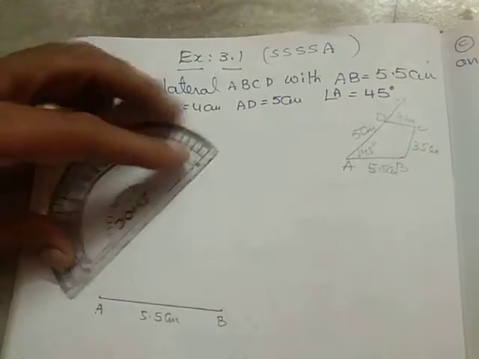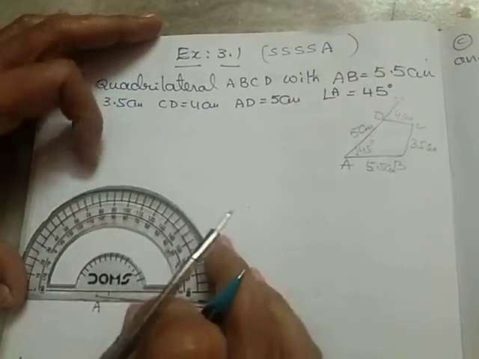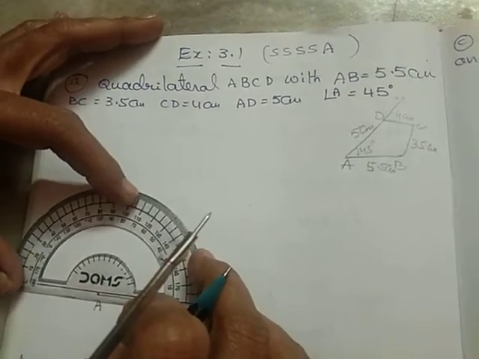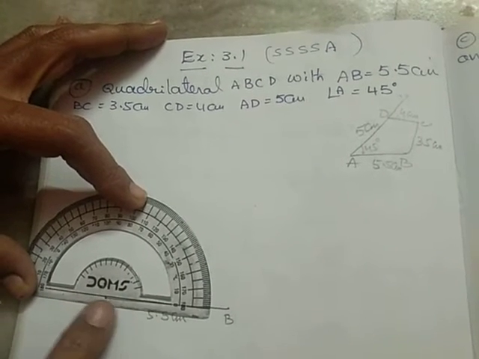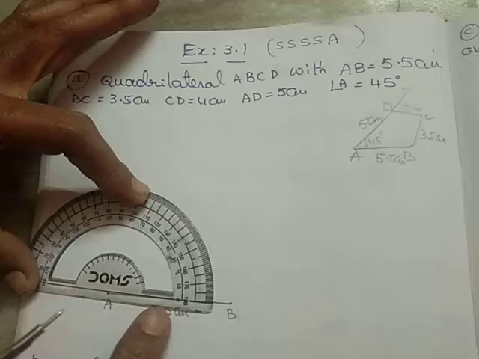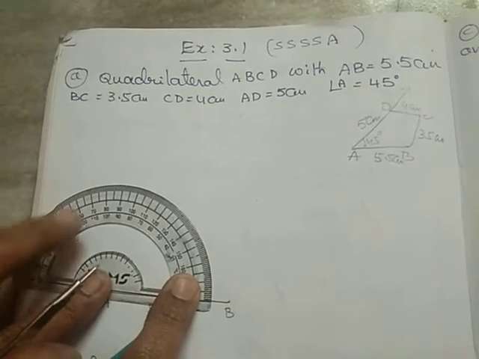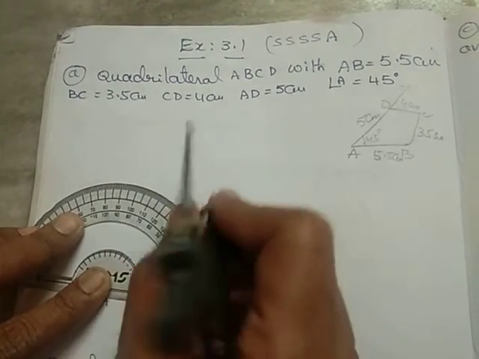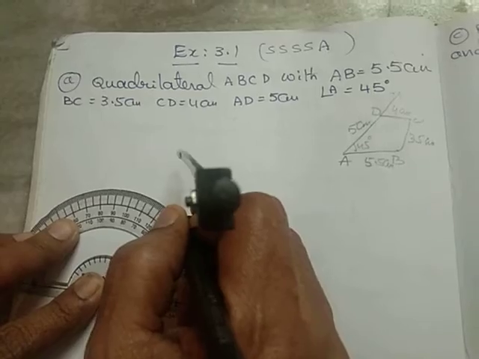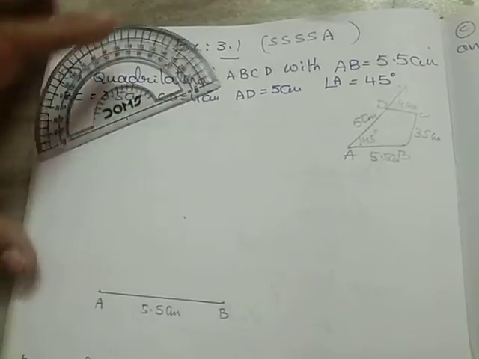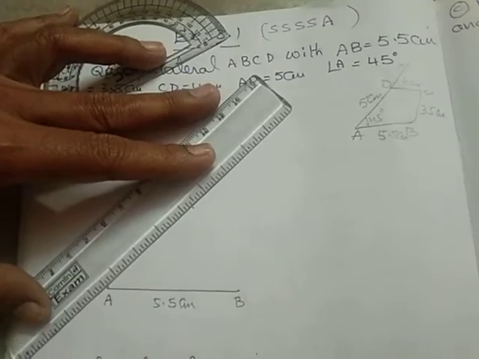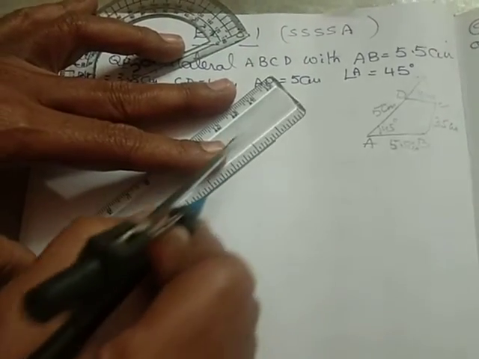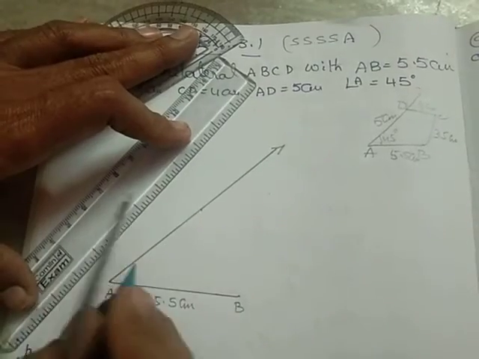And next construct an angle at A. So take a protractor and put an angle at A. See, this line will coincide with the underline. 45 degrees. Put an angle at A. So that is 45 degrees. So this is our 45 degrees angle and you have to extend this ray.